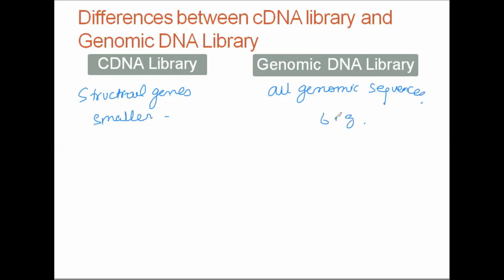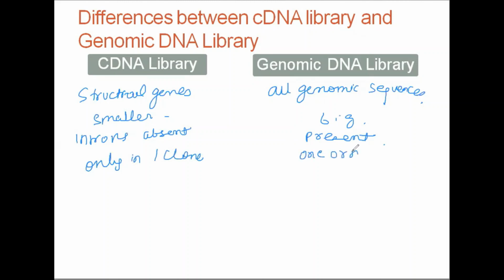Here you don't have introns; introns are absent. Here in the genomic library, you have the introns. A sequence is present in only one clone here, and here you have it in one or more clones.